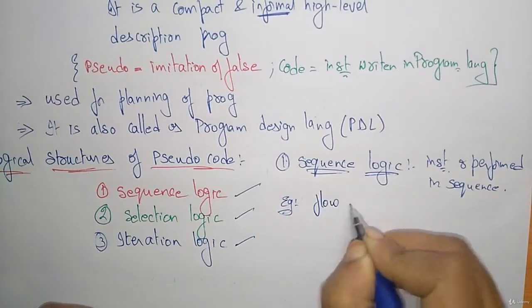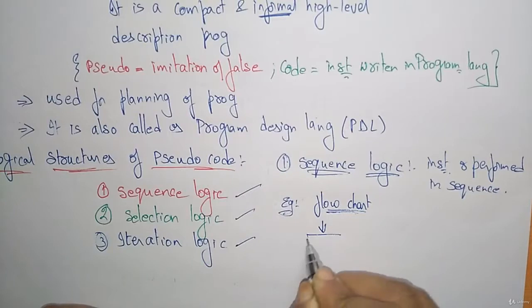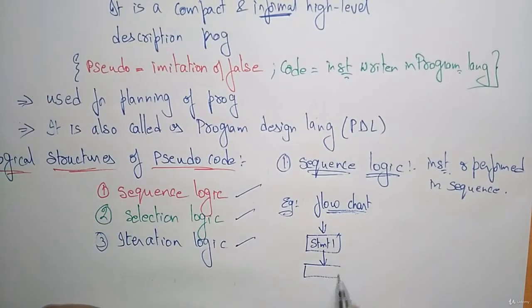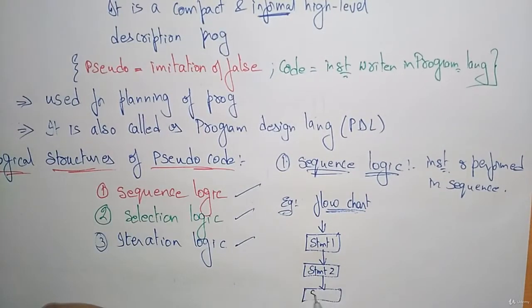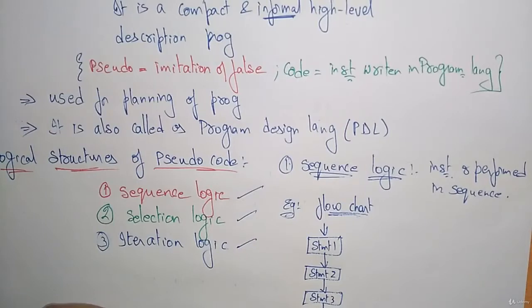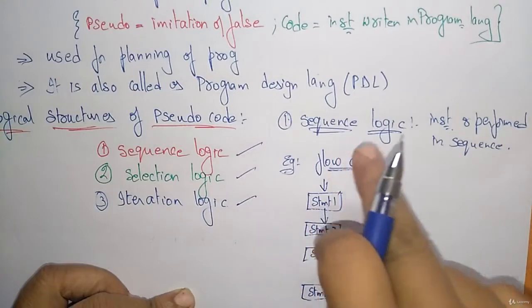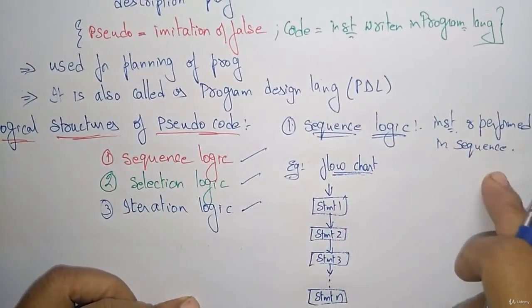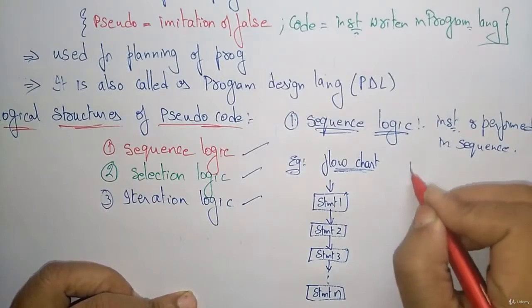So for the flowchart: statement 1, statement 2, statement 3, up to statement n. Here I am writing the flowchart of sequence logic. The sequence logic says that the instructions are performed in sequence. So this is the flowchart. Now coming to the pseudocode.